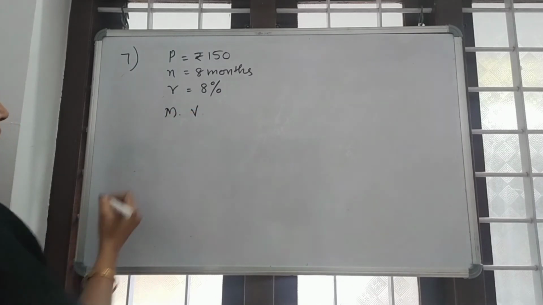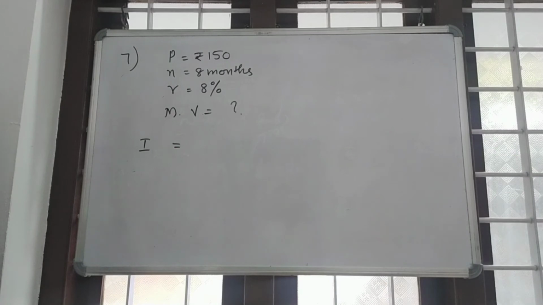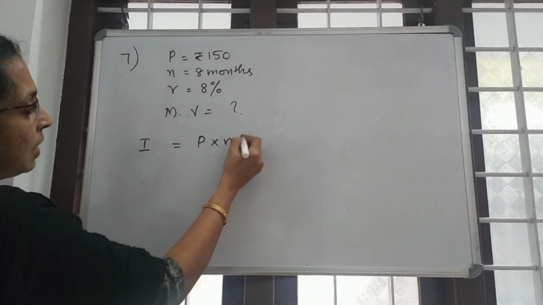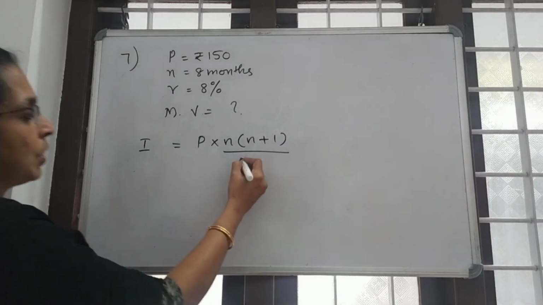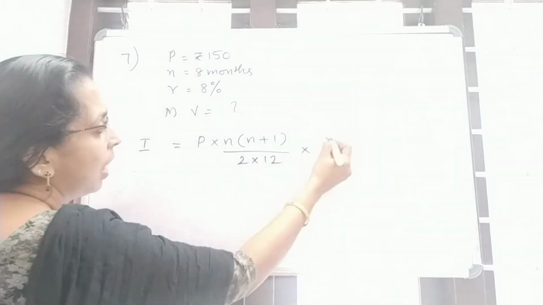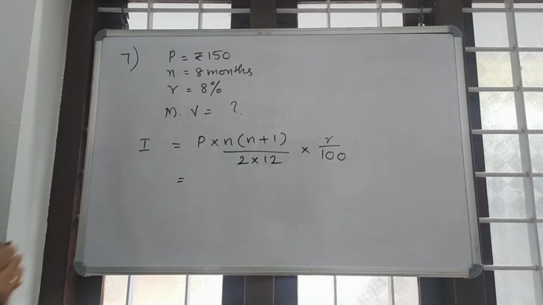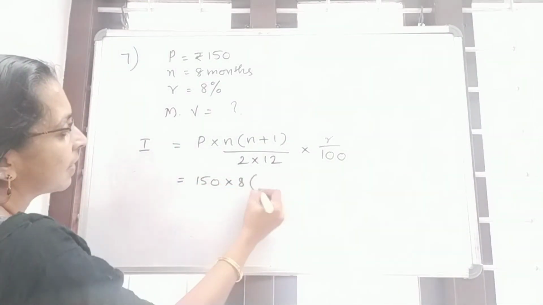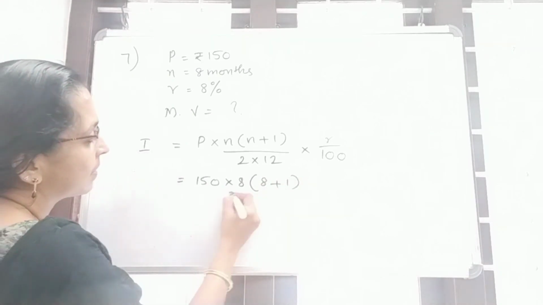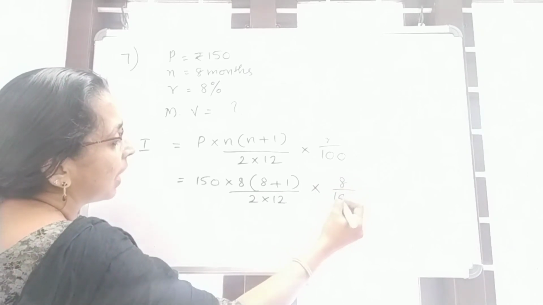For finding maturity value, we want to find the interest first. I is equal to the formula P into n plus 1 divided by 2 into 12 into R by 100. P is 150 into n 8, then n plus 1 is 8 plus 1, divided by 2 into 12 into R, which is 8 by 100.